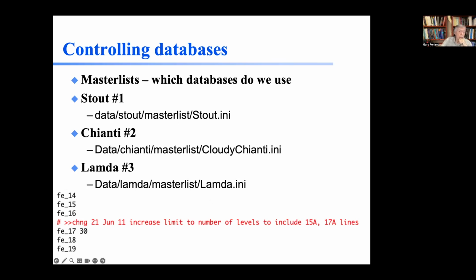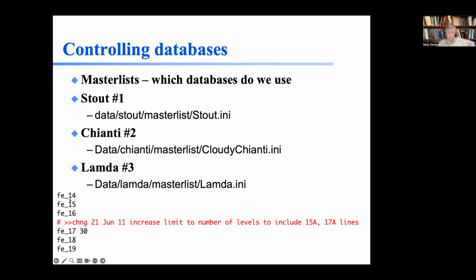Chianti has a master list. It's in data Chianti master list. It's called cloudychianti.ini. Then Lambda has a database, it's lambda.ini. So this file has information about what ions to include in using that database. I can tell from looking at it, this is a Chianti master list.